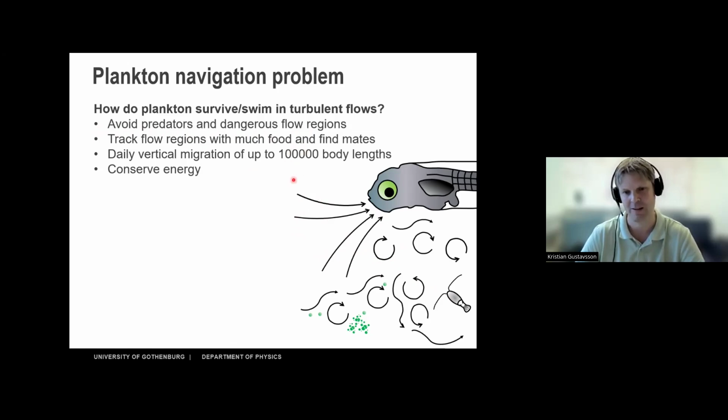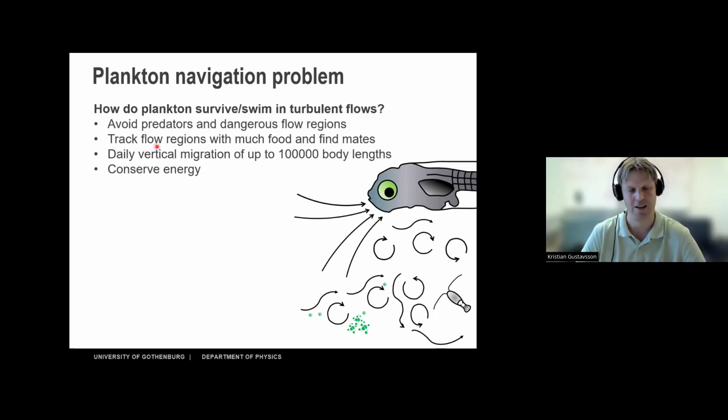Or it could be very highly turbulent regions where your body gets deformed and torn apart. Or it could be downwelling regions where the ocean currents take you down to depths where you can't swim up again. So it's a very complicated, or hard, problem for a small microswimmer to achieve all these tasks.